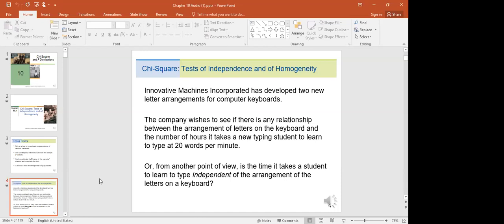Let's start with this example. Innovative Machines Incorporated has developed two new letter arrangements for computer keyboards. The company wishes to see if there is any relationship between the arrangement of letters on the keyboard and the number of hours it takes a new typing student to learn to type at 20 words per minute.